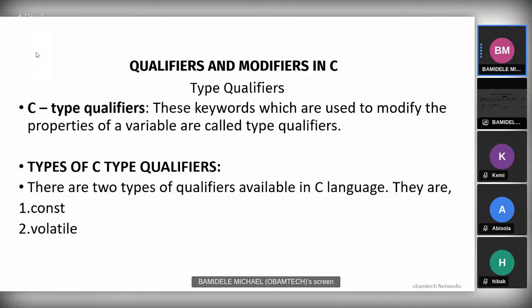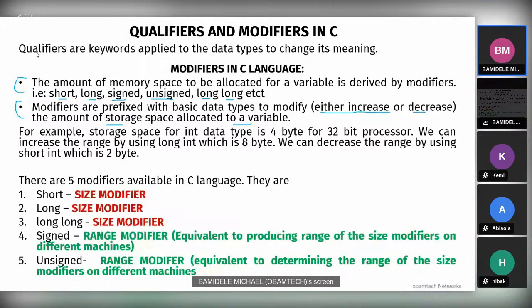We have basically five modifiers in C: short, long, signed, and unsigned. They fall into categories: short and long are known as the size modifiers, and signed and unsigned are the range modifiers.